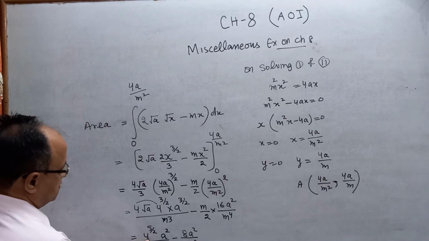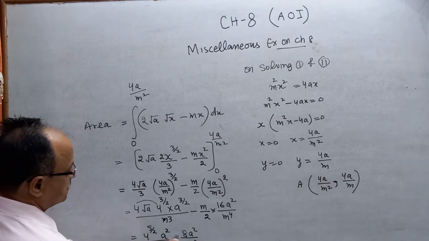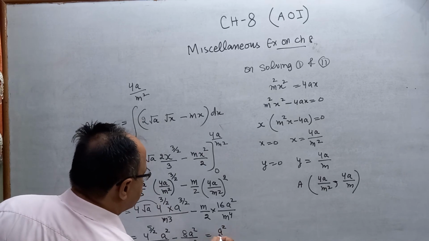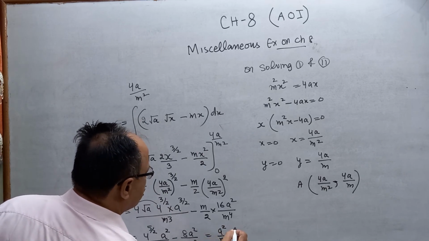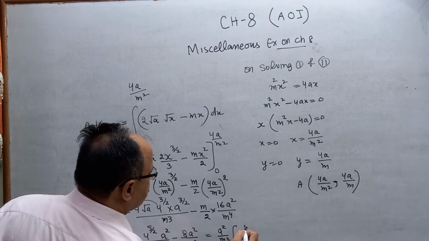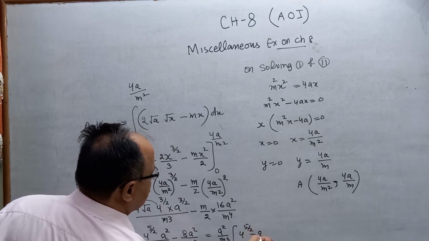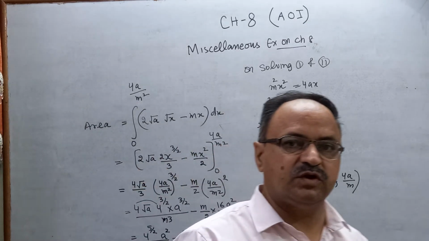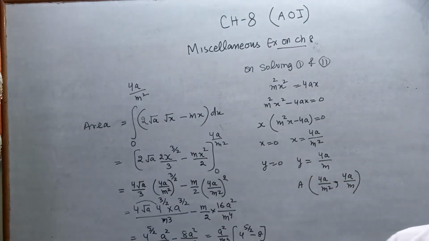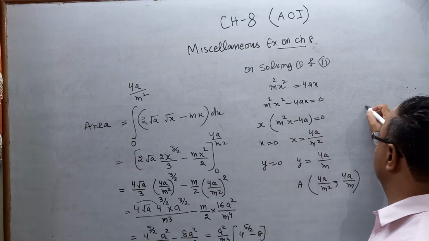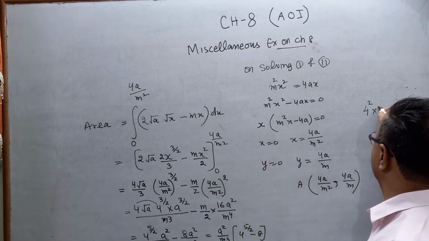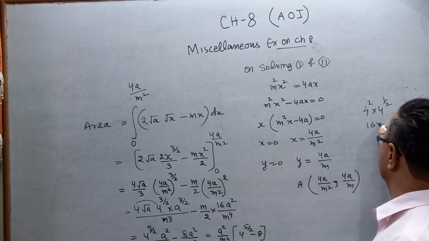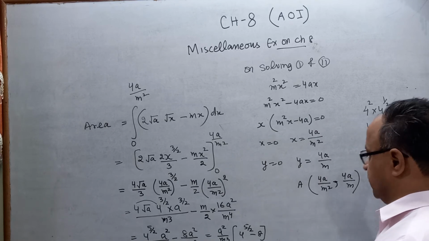You can take a square by m cube common, that is 4 to the power 5 by 2 minus 8. 4 to the power 5 by 2 you can simplify as 16 root 2, writing 4 to the power 2 into 4 to the power half, that is 16 and this is 2, so 32.